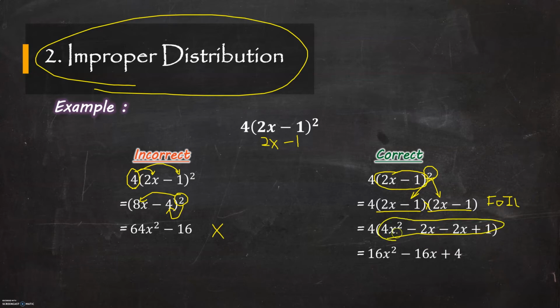And after that, we do the minus or the plus to see if we can simplify more. Here, we can have a negative 4x because we can combine those two terms. In the end, we distribute the 4 to each term. So in the end, we have 16x squared minus 16x plus 4.